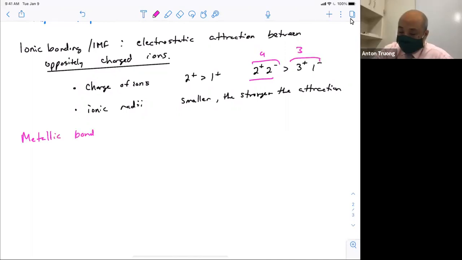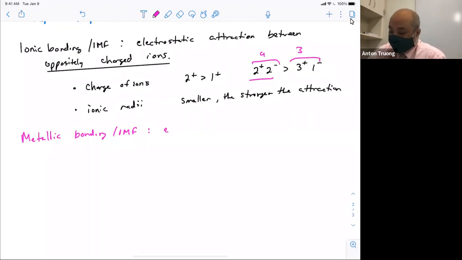Metallic bonding, your IMFs here. We don't really call them IMFs because intermolecular forces has to do with molecules, and these aren't molecules, but I want you to think of this as forces of attraction here and just be careful with it.